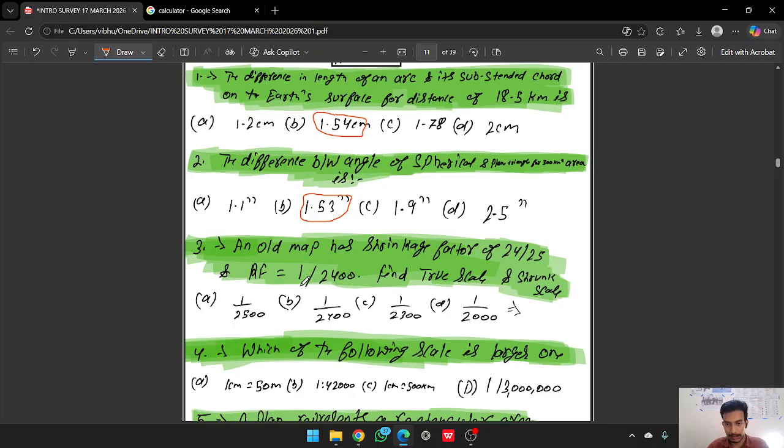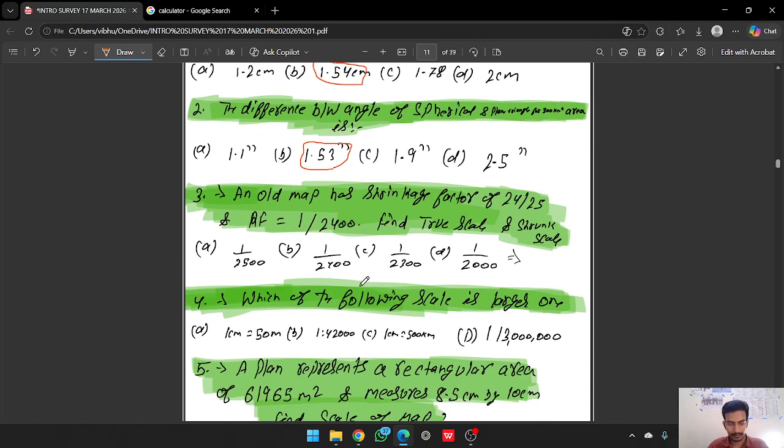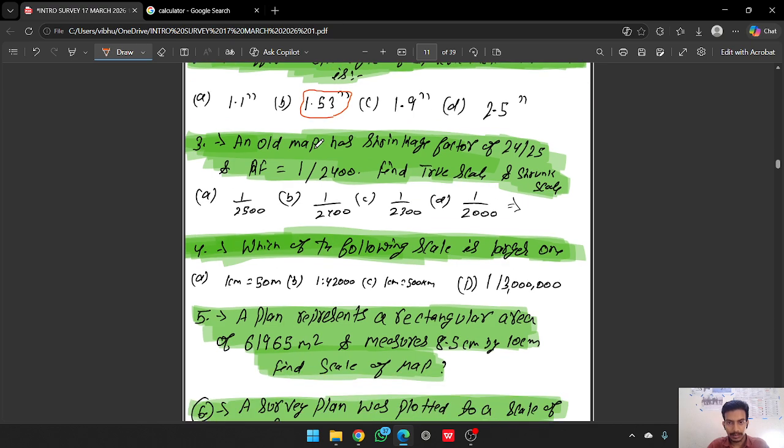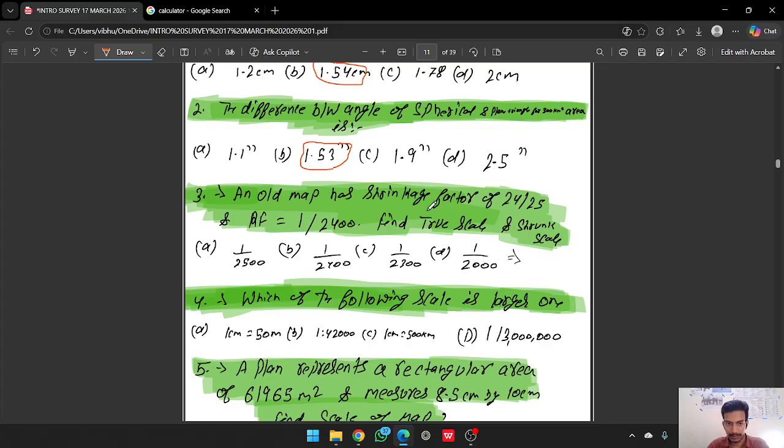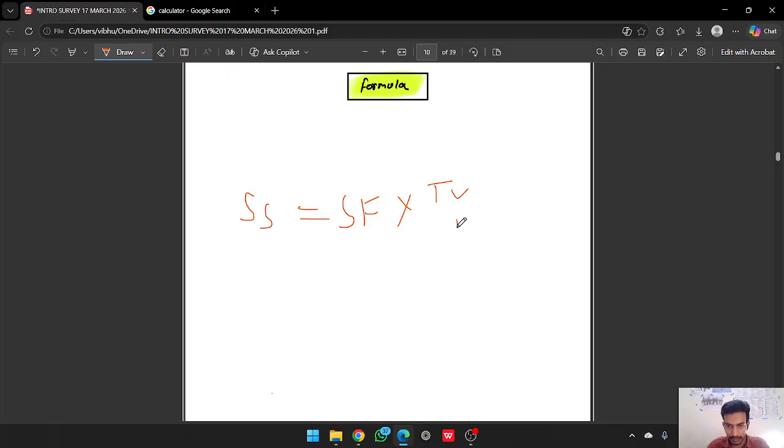So RF is the representative fraction of 1 upon 25, this is the value of the whole original, the original true value.